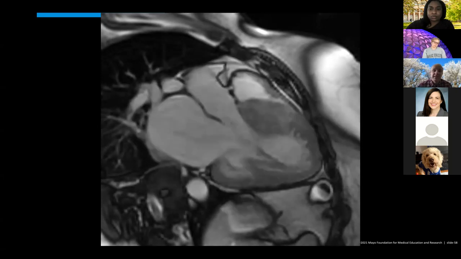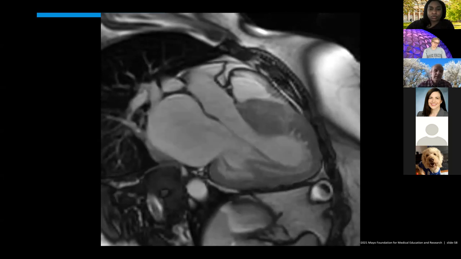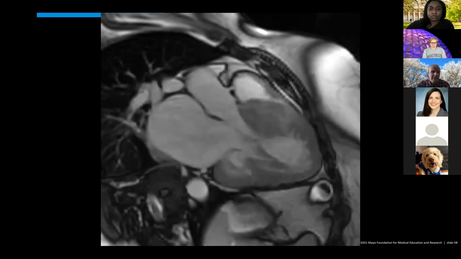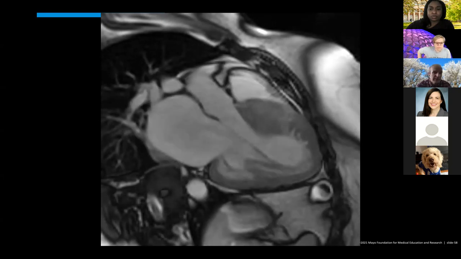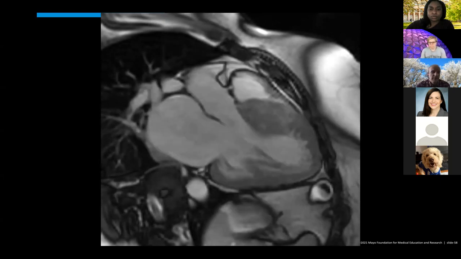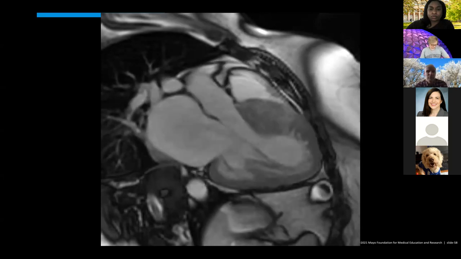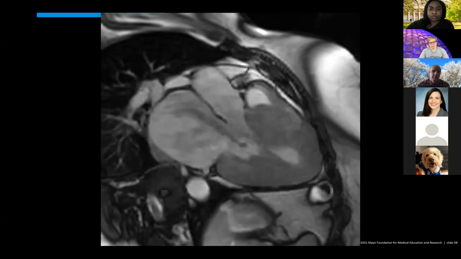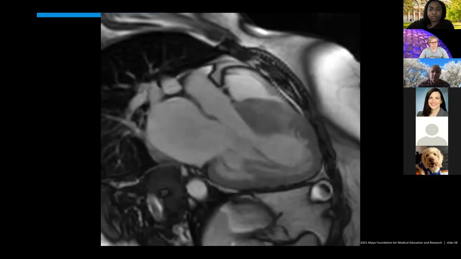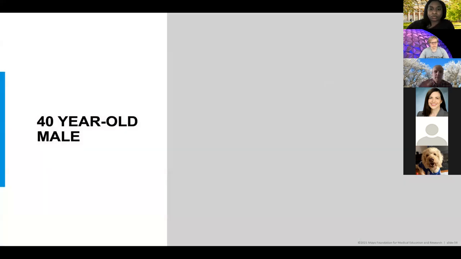And in this case, it's due to systolic anterior motion of the mitral valve leaflets. So they might ask you, why does this patient have mitral regurgitation? They might ask you, does this patient have left ventricular outflow tract obstruction? Something like that. And we have more examples of hypertrophic cardiomyopathy coming up to go over some of the other aspects of what you would look for in these cases.